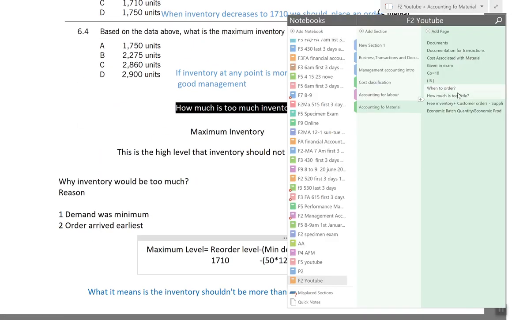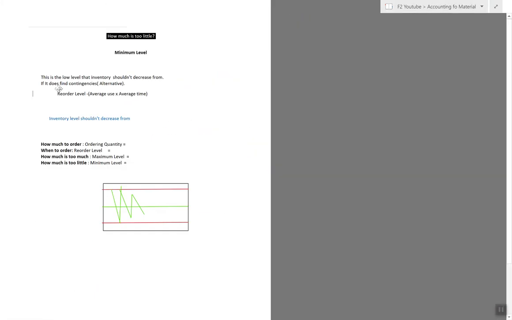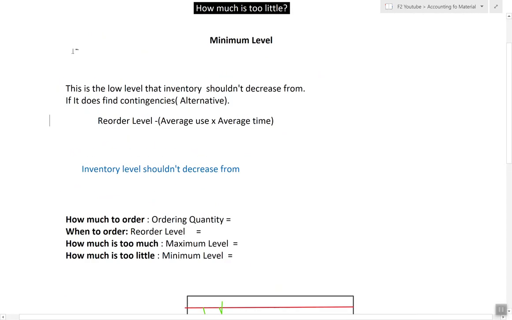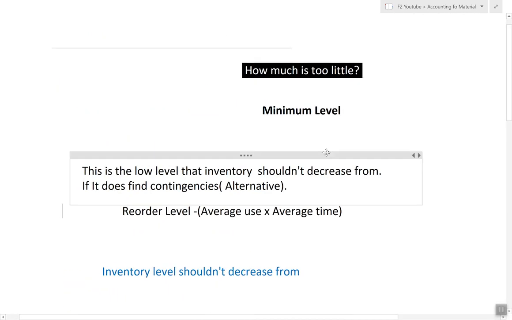Obviously, whenever there is a maximum limit, there will be a minimum limit as well usually. So the minimum level is the lower level the inventory should not decrease to. Obviously, 0 is not a minimum. Before inventory becomes 0, we need to do something about it. We need to avoid stockout. If inventory becomes 0 and then you're worrying about it, it is not a good strategy.